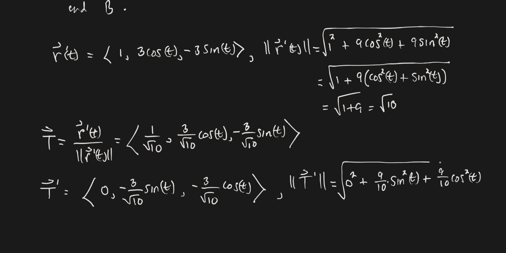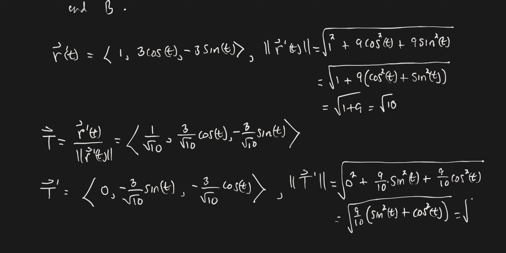And once again, we have the same Pythagorean identity. We factor out the 9 over 10. And then I have sine squared t plus cosine squared t all under the square root. Again, what's in the larger pair of parentheses is equal to 1.